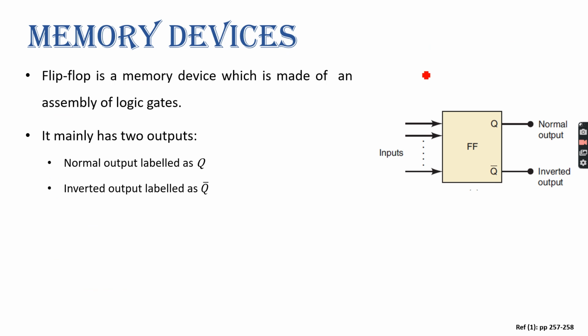So if we talk about the flip-flop, this is the basic diagram of a flip-flop circuit. As we said before, a flip-flop is a memory device that can store at least one bit of data, and it is made of an assembly of logic gates, but it will have some definite configuration which is different from what we have learned so far.